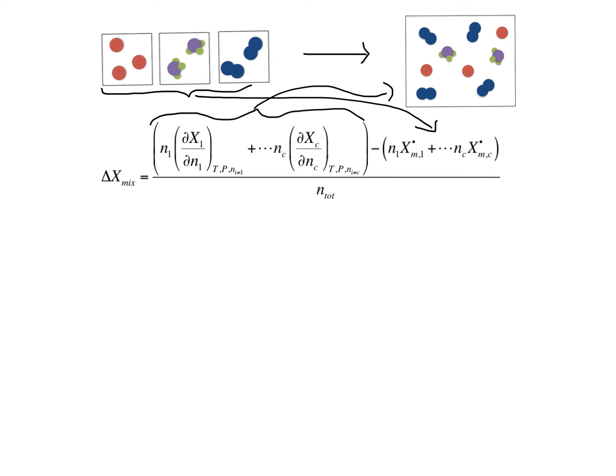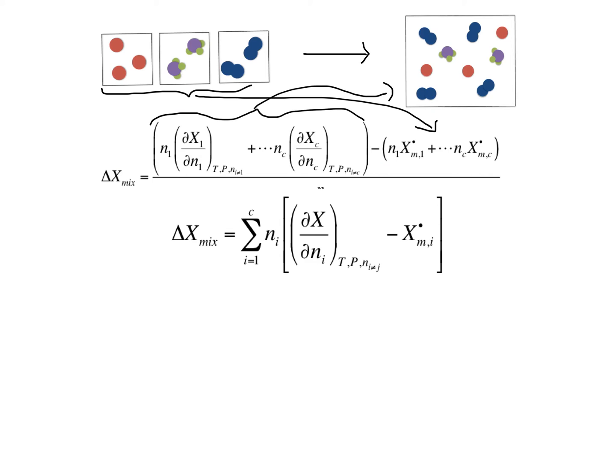Just as the partial molar Gibbs free energy is the chemical potential, I can look at the partial molar entropy and the partial molar enthalpy and the partial molar volume in order to figure out how much each component contributes to that particular variable.